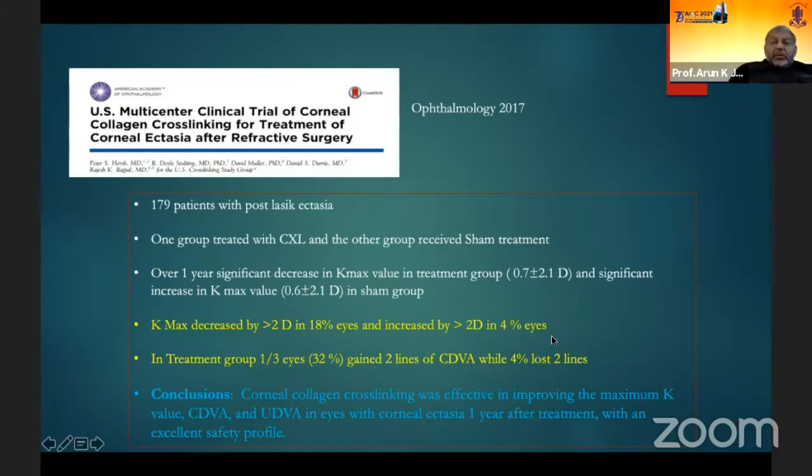And in the treatment group, almost 32%, one third of the eyes, gained 2 lines of best corrected visual acuity, while these 4% of the eyes which had an increase in refraction lost more than 2 lines. The conclusion of the study was that corneal collagen cross-linking was effective in improving the maximum K value, corrected distance acuity, and uncorrected distance visual acuity in eyes with corneal ectasia 1 year after treatment, with an excellent safety profile.